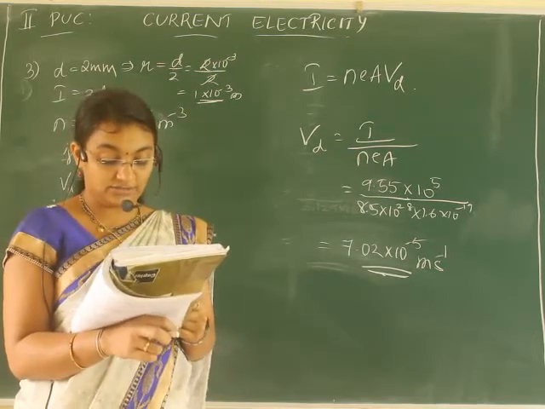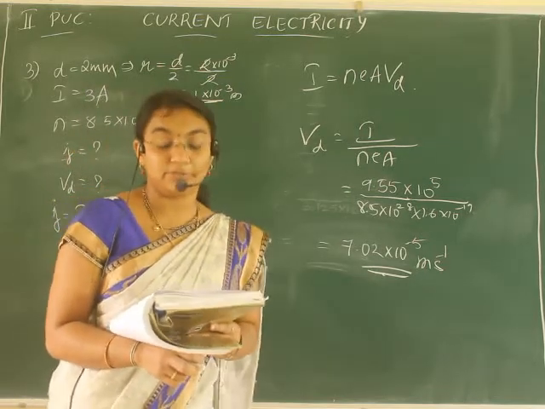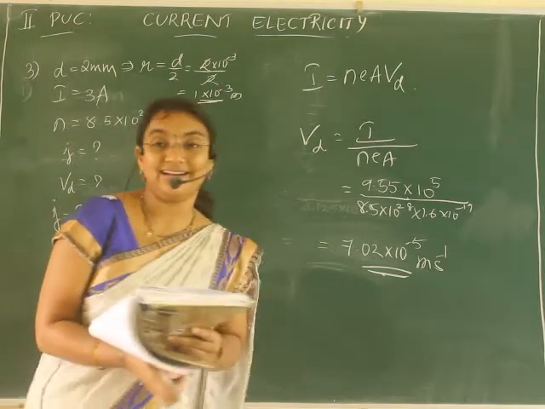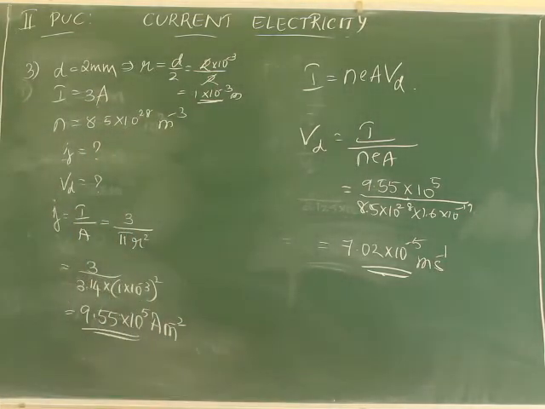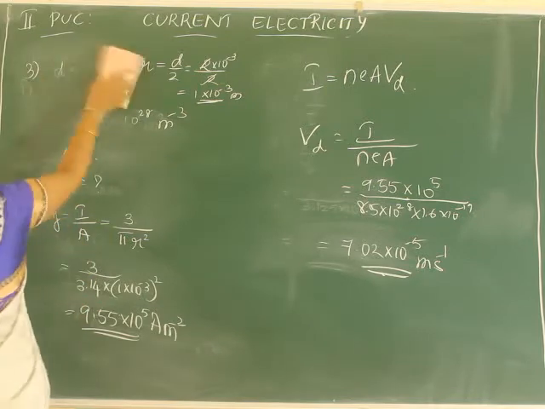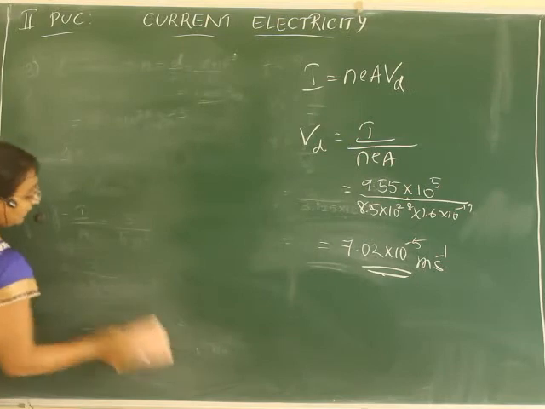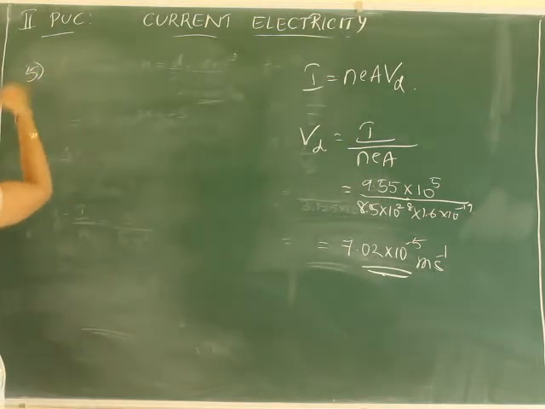There are how many electrons here? 6.25 into 10 to the power 18 electrons. How to calculate? See, this question is very important for 1 mark. Question number 5 is very, very important for 1 mark.